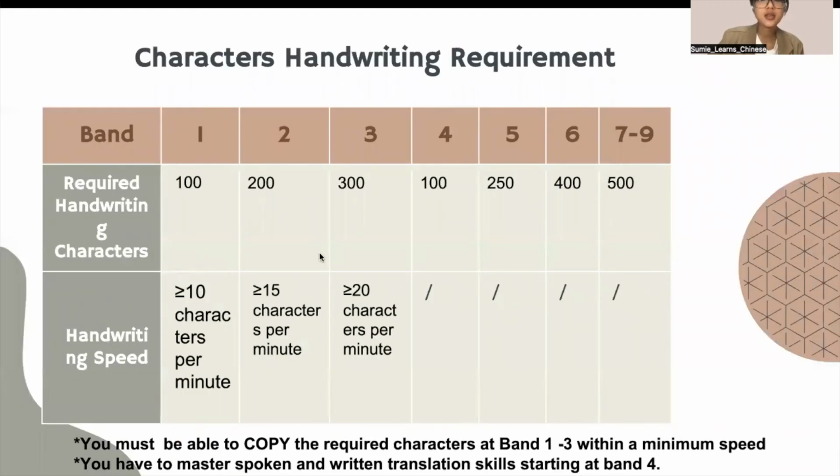Let's take a look at the table about the character handwriting requirements. Some of my students, when they learn they have to master handwriting, they just go crazy because now it's totally different from before.